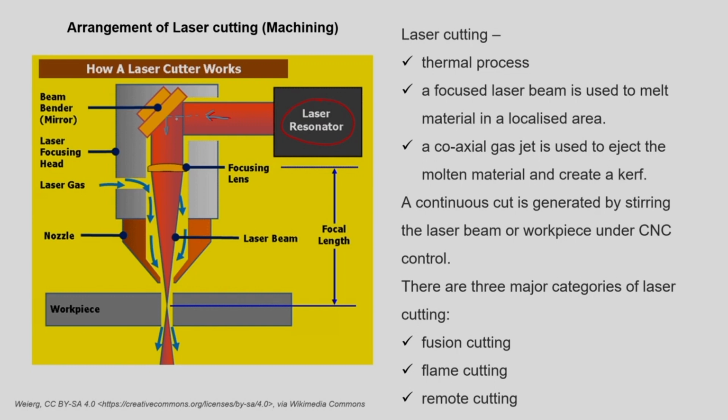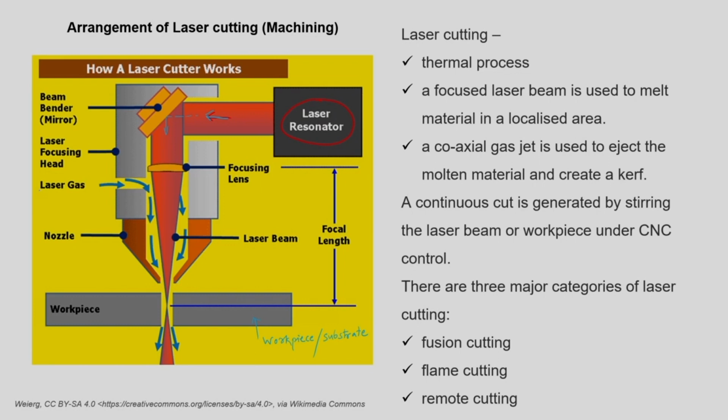The bent beam of laser is then to be focused on the substrate material. This is the workpiece or substrate, and through a focusing lens we focus the laser beam on the substrate material.